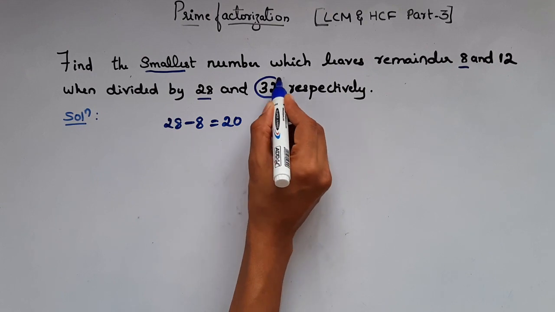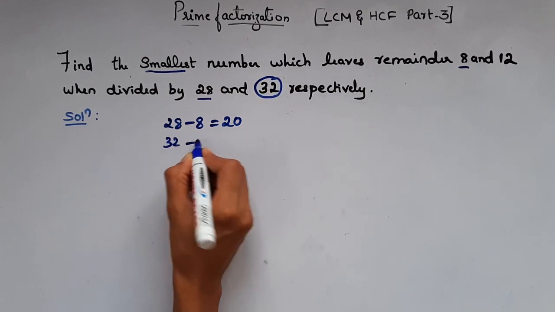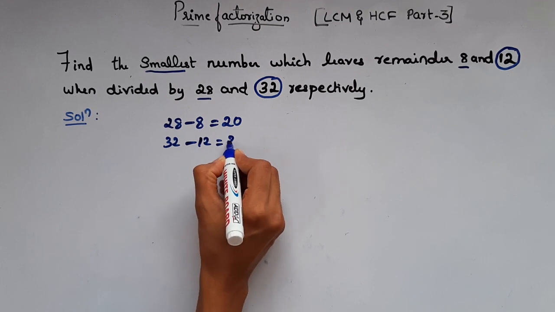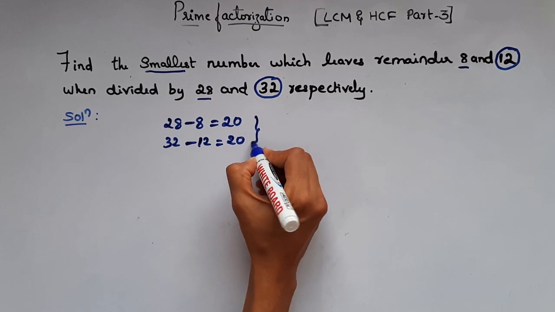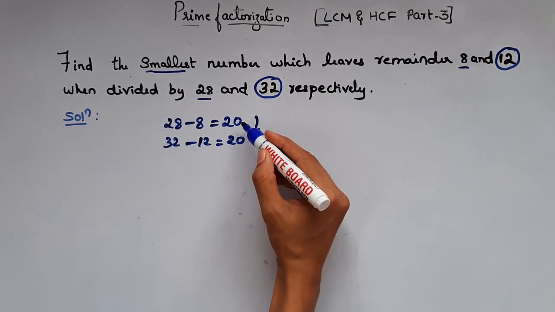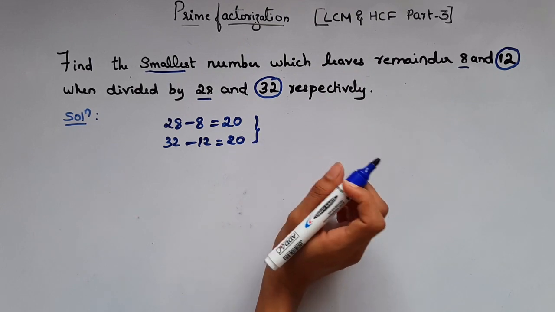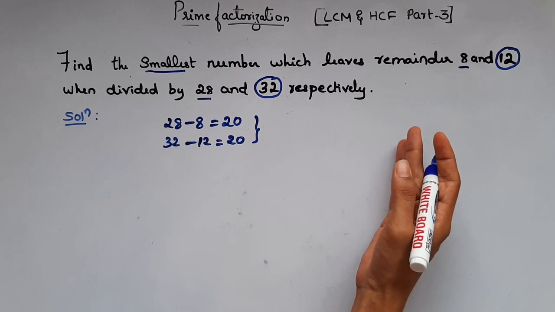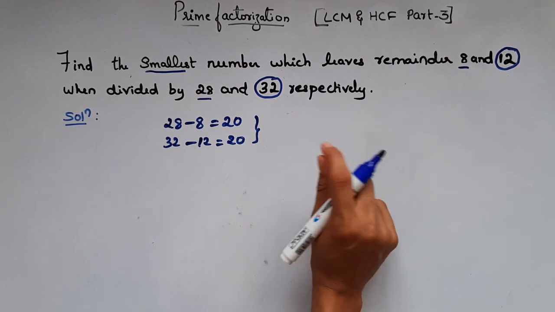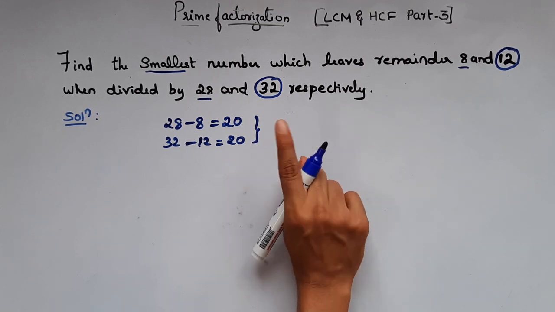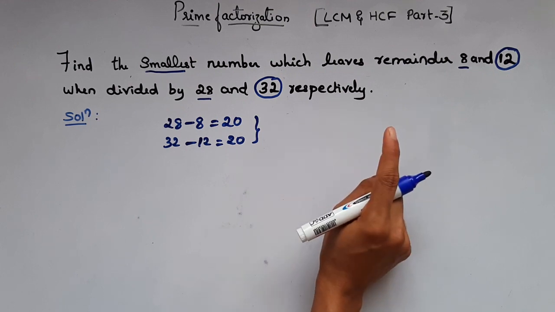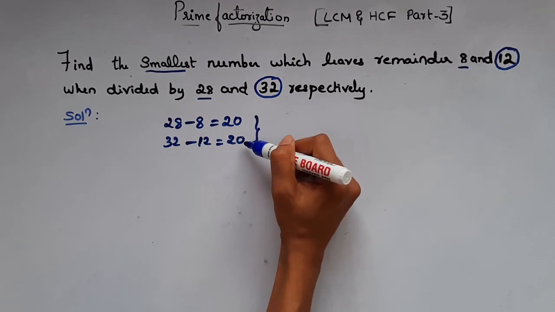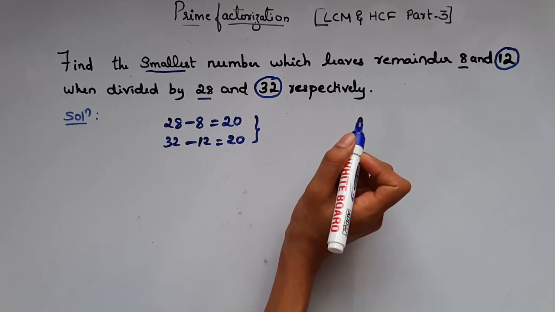And in case of this number, 32 minus 12 will give you 20. If the differences are the same, then you can use any of the methods, the shorter one or the lengthy one. If the differences are not the same, then you have to go for the lengthy one only. In this case, the differences are the same, so you can choose any method.